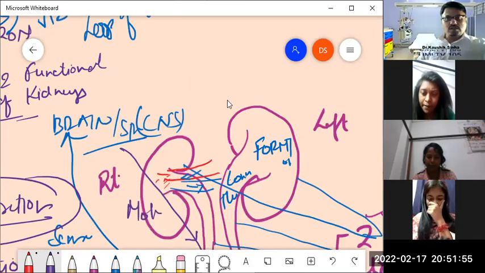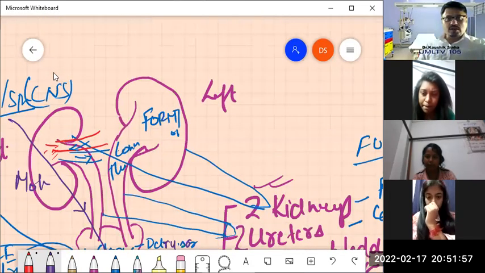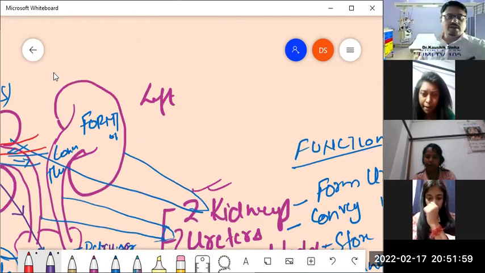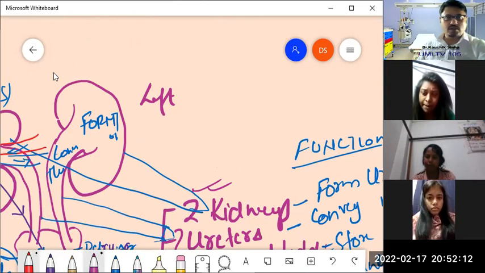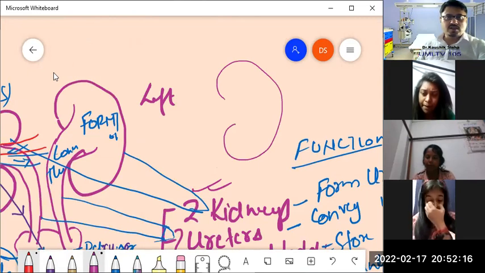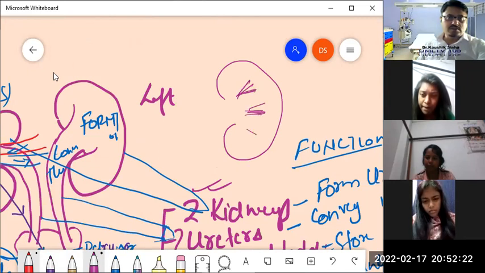So to answer that question, we will take one kidney and make a section of that kidney, a kind of coronal section. I think you know what is coronal section? Something like this. So if we make a coronal section, what you will see inside the kidneys, so let me draw the kidney again. What you will see inside the kidneys is that there are multiple line kind of appearance.